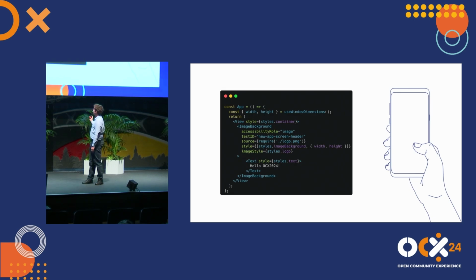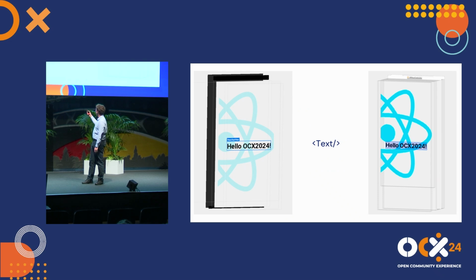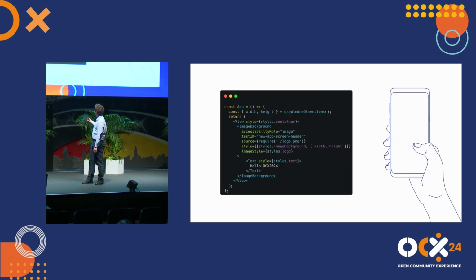And here's some example React Native code. It's the app I have shown you 2 slides ago, so this one. And what we have here is basically a View which wraps all our other components. We have an ImageBackground which shows the React Native logo in the background. We have a Text saying hello OCX.